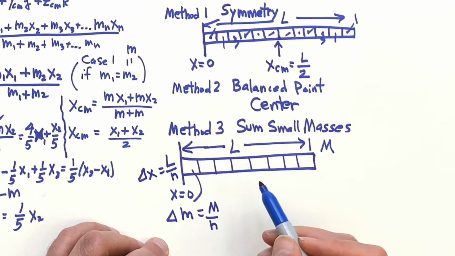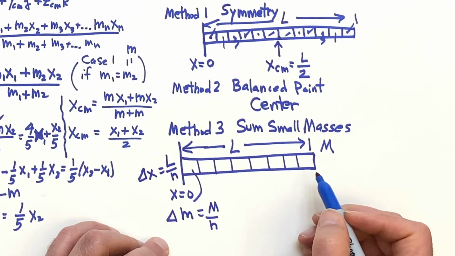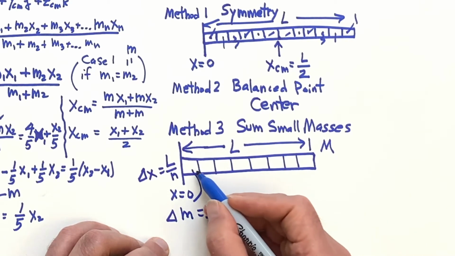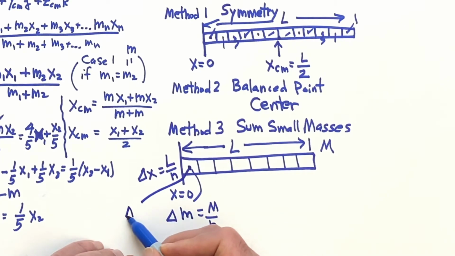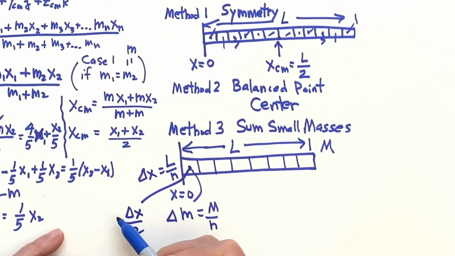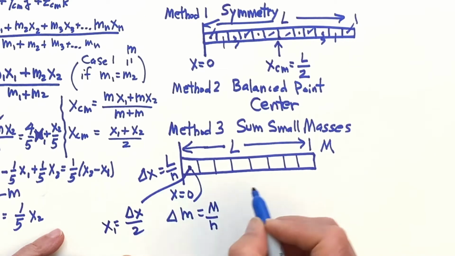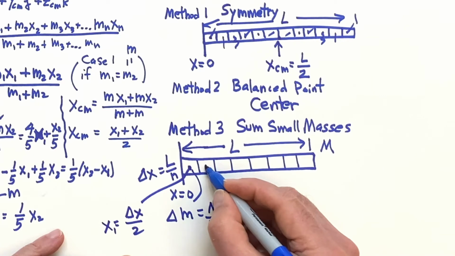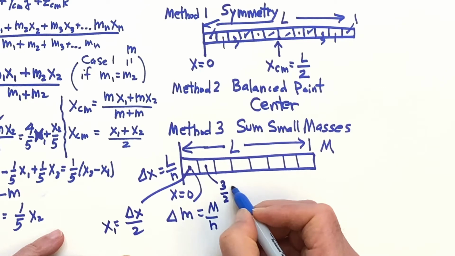And if you multiply N times delta M, you would get the total mass, like that. So the center of the first one here is going to be delta X over 2. So that's where we can consider the first distance in our formula that we're going to be applying. We need to have the distances to all the masses. Then this one here would be 1, 2, 3 halves delta X.